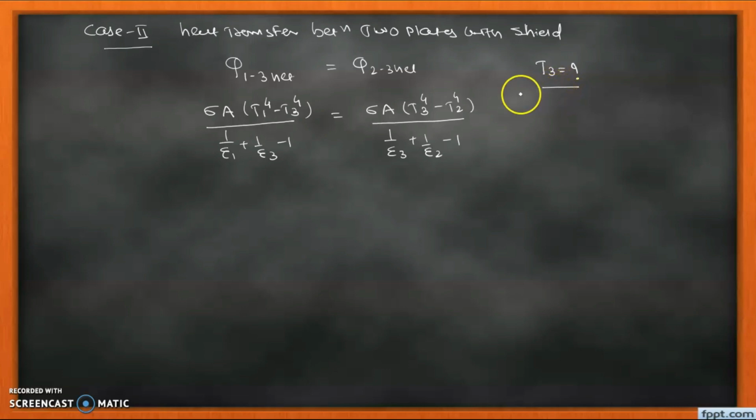So first of all we have to apply this formula, and from this formula we need to calculate the value of T3, and then we need to calculate the rate of heat transfer with the presence of shield. So now this sigma into A is cancelled out from both the sides, and we just put down the value of the known parameters.